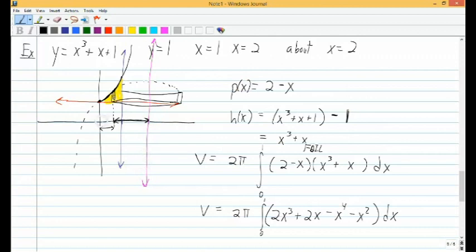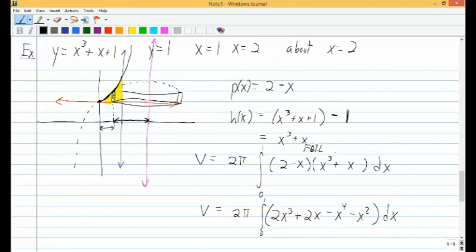So to get the radius of any rectangle that I revolve, I have to say 2 minus whatever x I'm at, and that will give me the radius. As long as you're just revolving about the x or about the y, you're not going to have to do that.